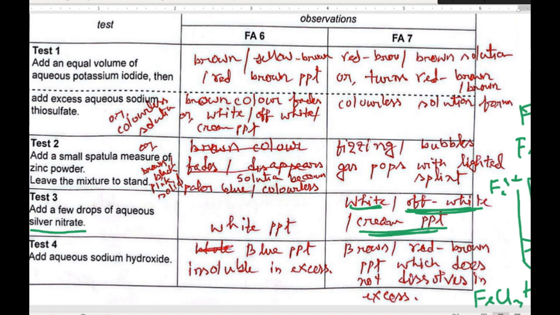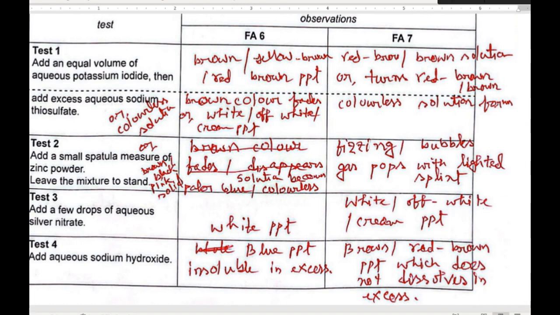You don't write cloudy, or if you write white, say actually what is this: white solution or white salt or white precipitate, so you must mention. And some of you write in your test colorless. Colorless what? Colorless solution. You don't write clear solution.